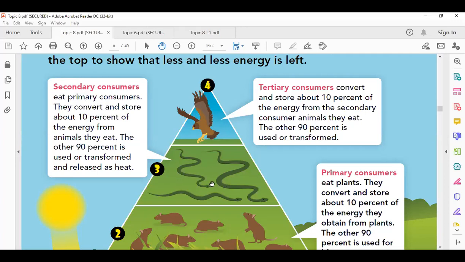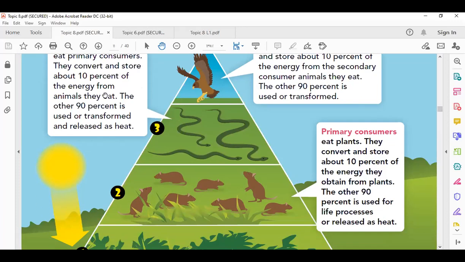Secondary consumers feed on primary consumers. The snake, for example, hunts or eats these rats. They convert and store about 10% of the energy from the animals they eat, because 90% of the energy is lost as heat.